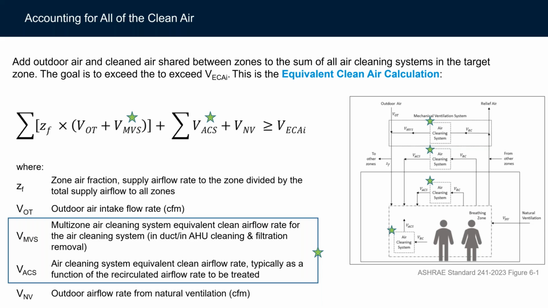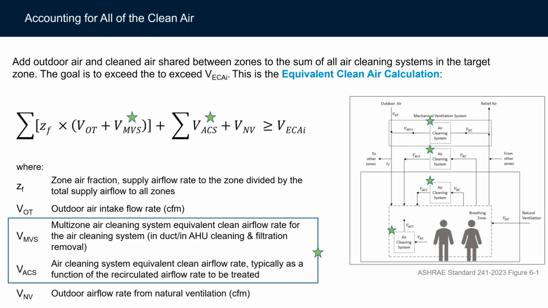The next one is the summation of all your air cleaning systems. That's the ACS there. And if you notice in the picture, ASHRAE is allowing you to have them in various different forms. So they can be something that you put in the room, something that you put either in the ceiling or in the plenum above the ceiling, something that's servicing a larger aspect of the space.